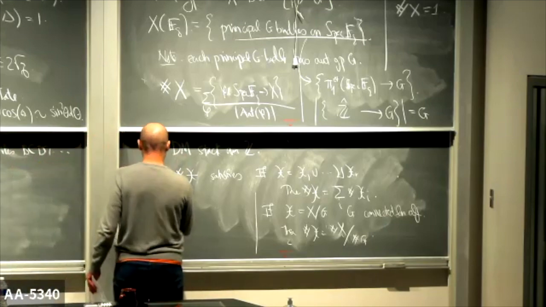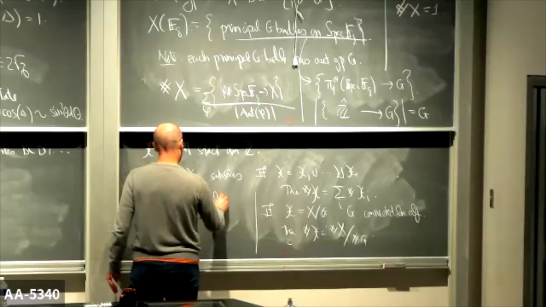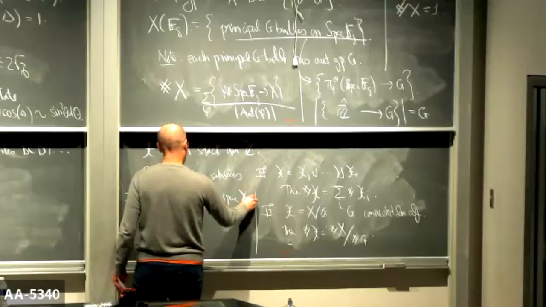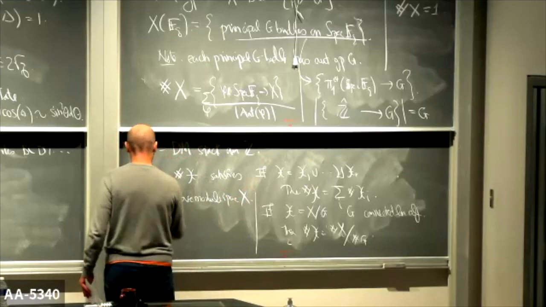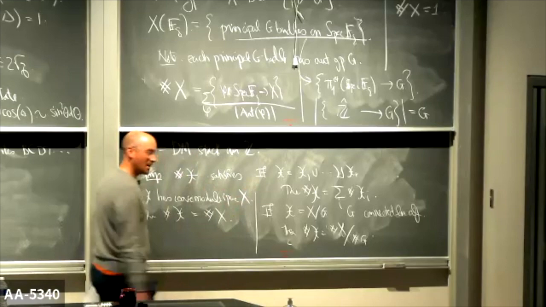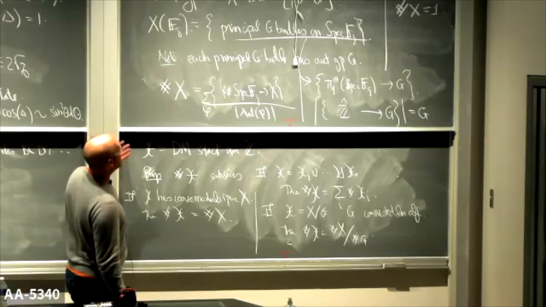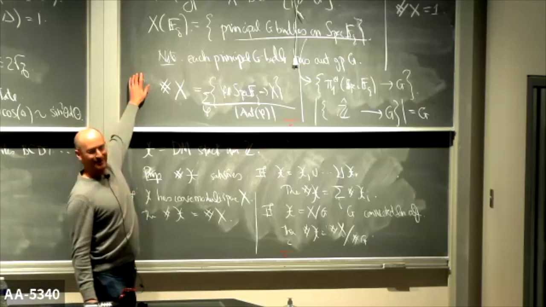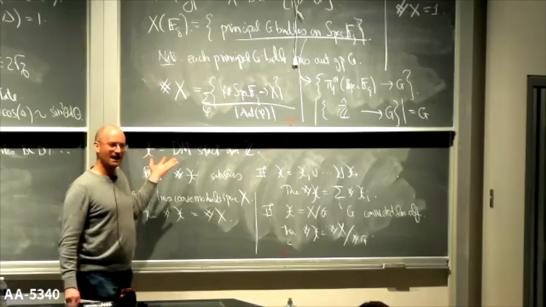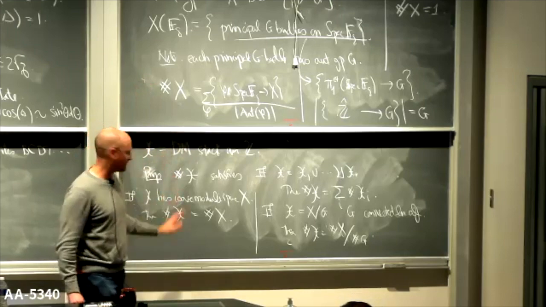So if X has a coarse moduli space, then the number of points on the stack is equal to the number of points on the coarse moduli space. The way we defined point counting on stacks, it looks like you might get rational numbers out because we were dividing by sizes of automorphism groups.